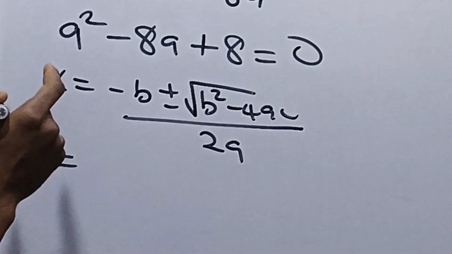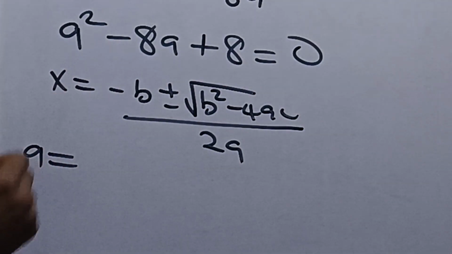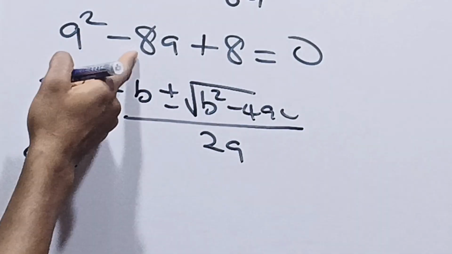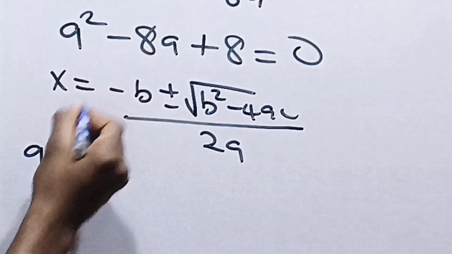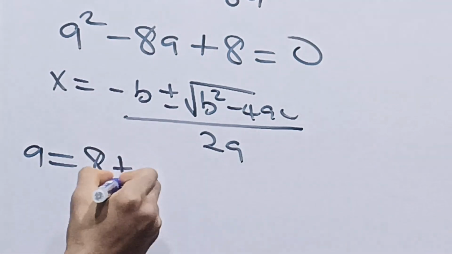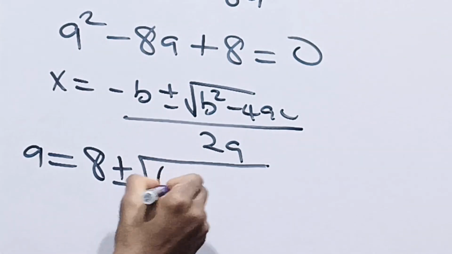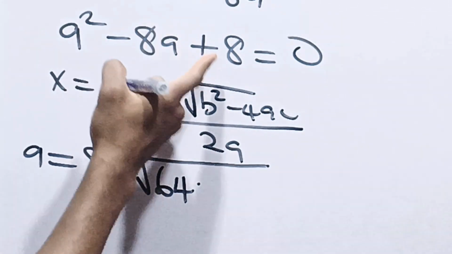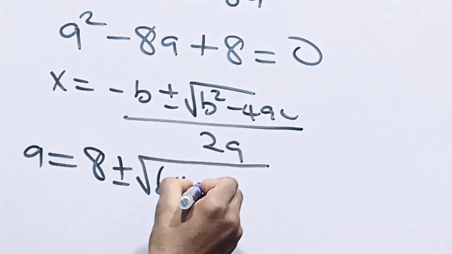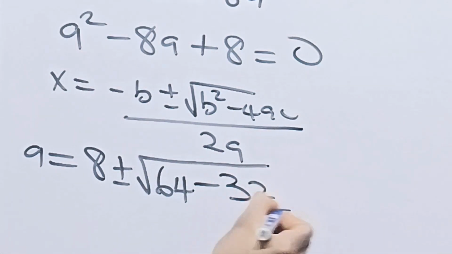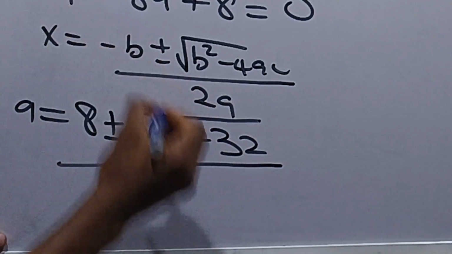So we have minus b, which is minus minus 8, is 8, plus or minus square root of minus 8 squared, which is 64, minus 4 times 1 times 8, which is 32, all over 2 times 1, which is 2.